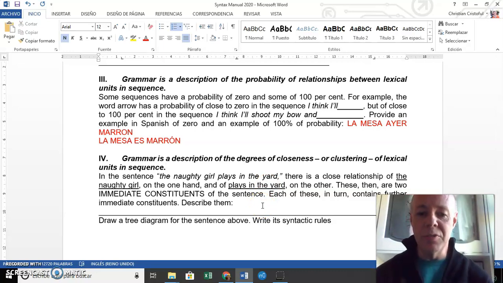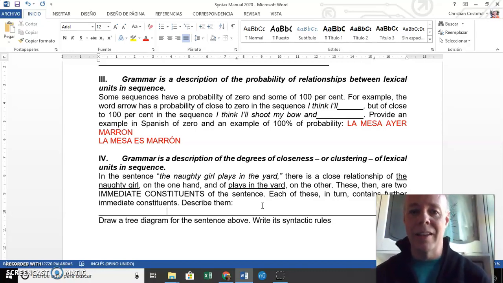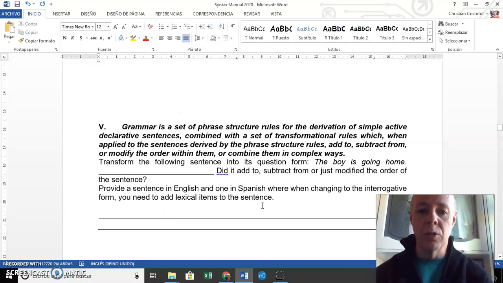These are the constituents that we covered before. So you need to describe them. It says each of these in the term contain further immediate constituents. Remember, these noun phrases and verb phrases in turn contain other phrases like we did before in Unit 1.